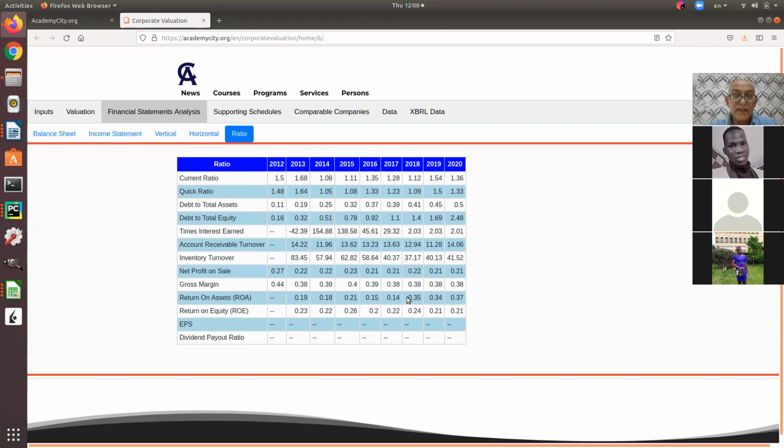So on one hand, this looks like a beautiful move by Apple, but is it a beautiful move for the equity owners? That's more to discover, and that's really why you should join us in the course of corporate valuation. I dive much deeper into it, but this is a good introductory course for that purpose.